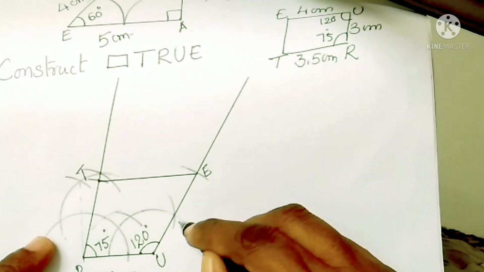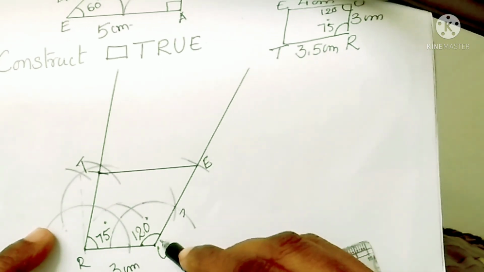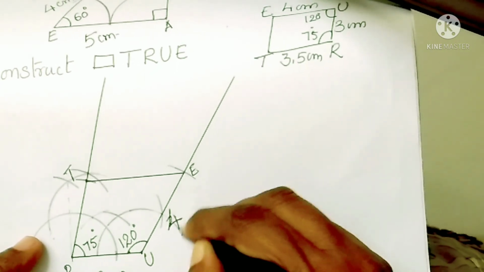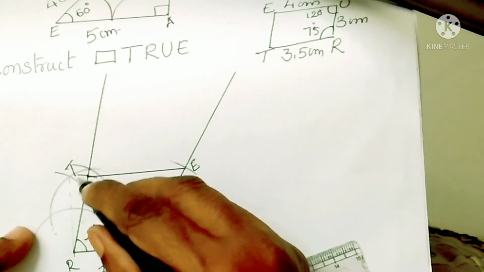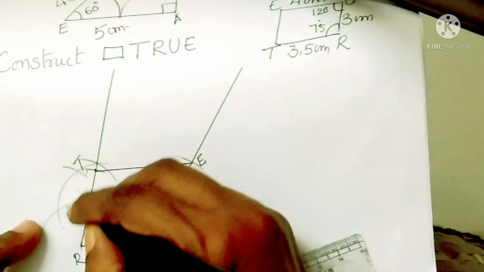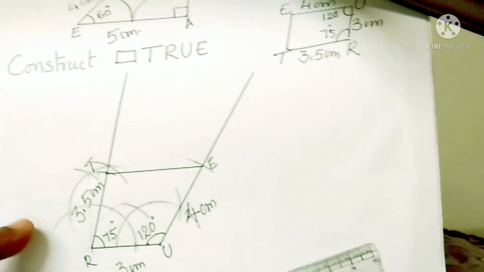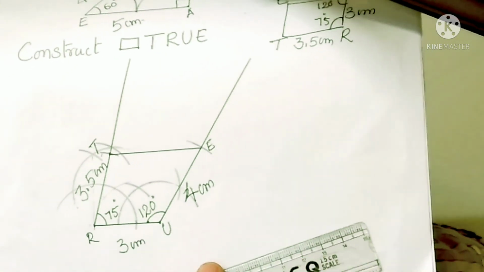Sorry, UE is 4 centimeter. And RT is 3.5 centimeter. So your diagram is ready.